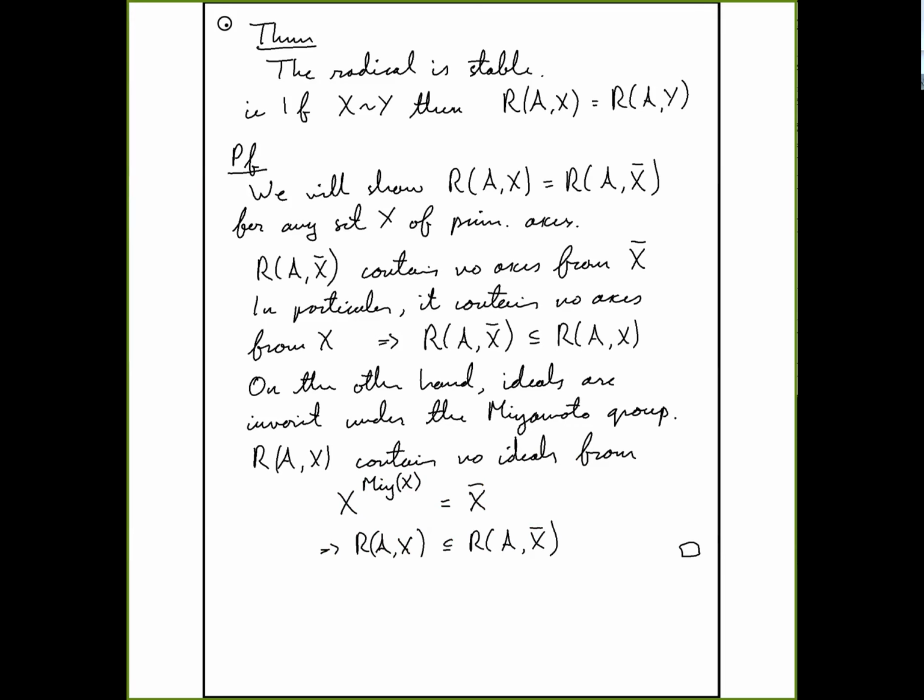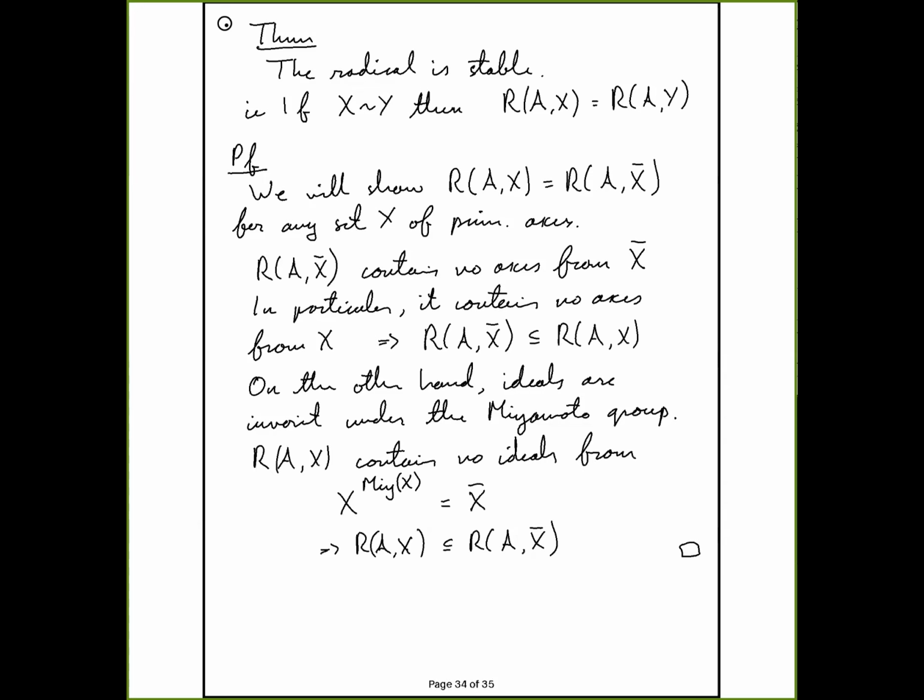Okay, so let me get to at least stating the main theorem in this section. So I said before... Excuse me? Yes? On the last slide, did you mean to write contains no axes or no ideals? Ah, yes, thank you very much. It should say contains no axes.